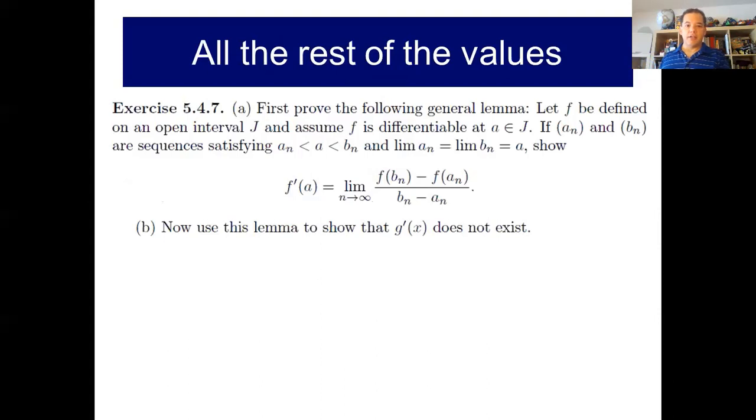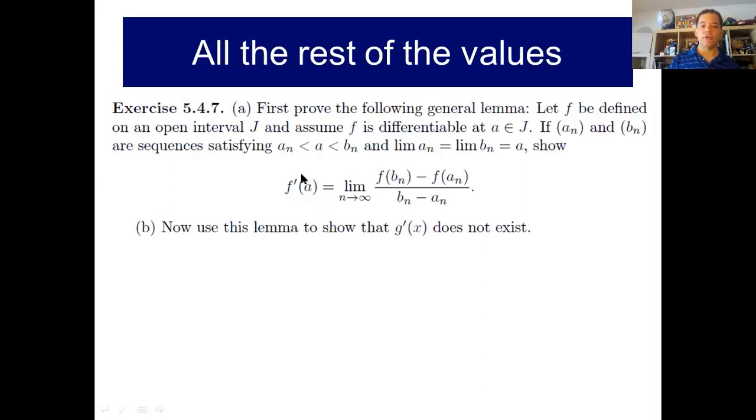This general lemma says the following. Imagine that you have a function which is differentiable at some point a. And then you have two sequences, the an sequence and the bn sequence. Those sequences are of numbers that are less than a or numbers that are bigger than a, and both of them go to a.